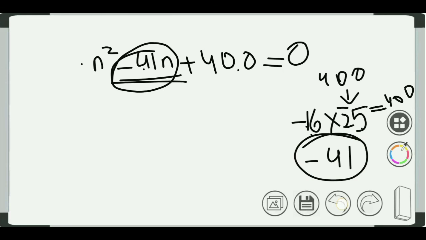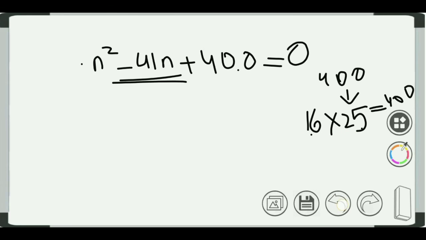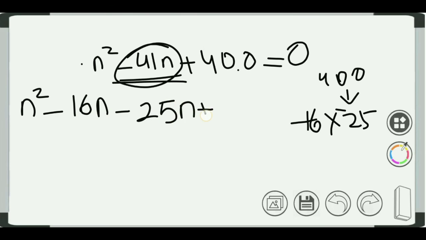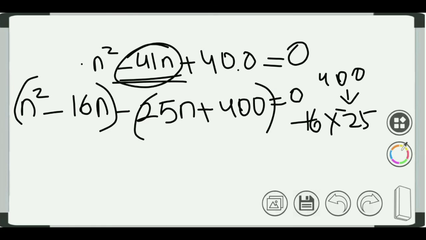Okay, the middle term. Now I'll be taking minus 16 and minus 25 as the terms, and I'll replace this minus 41n by minus 16n and minus 25n. So n square minus 16n minus 25n plus 400 equal to 0. Now take the commons outside. From this, the common is n.